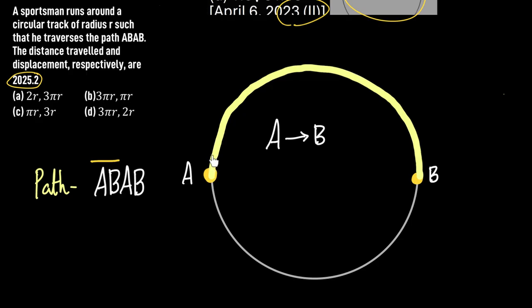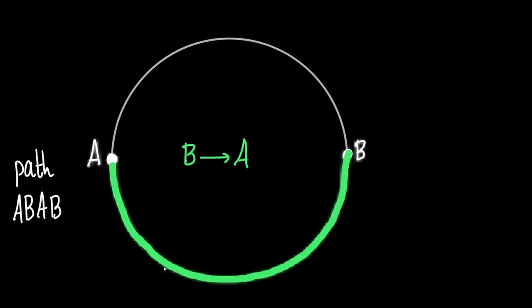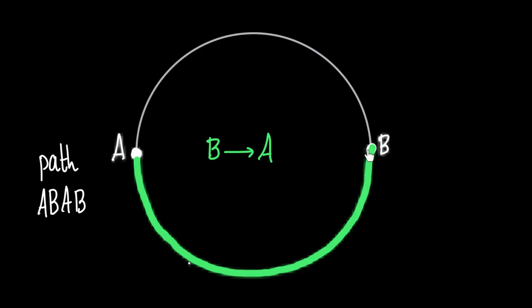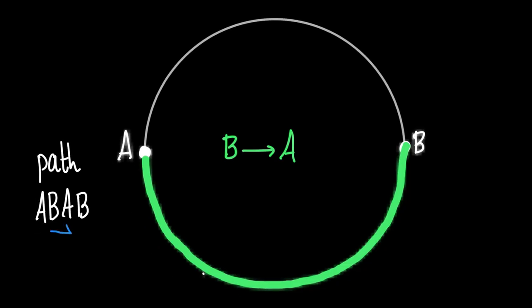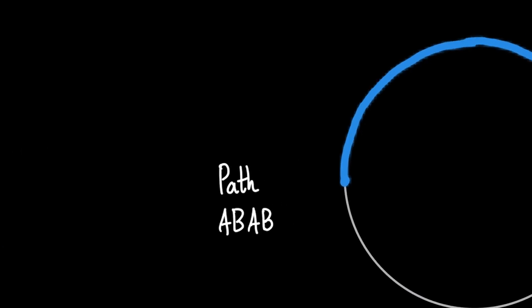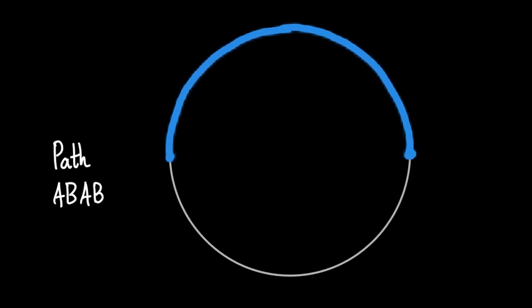The first path is from A all the way up to B here. And then we have another path which is from B to A, right? So this is ABAB, true, but we have reached only till A. Now, to be more precise, what I was trying to say is we now move from A to B, and then we move from B to A, and in the third part, we move from A to B.